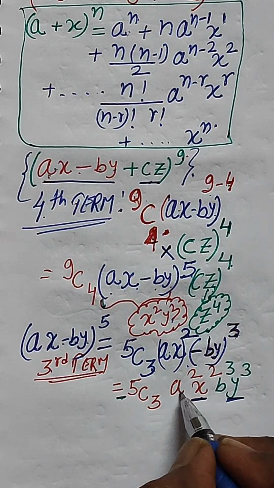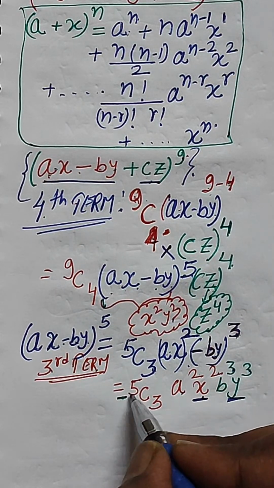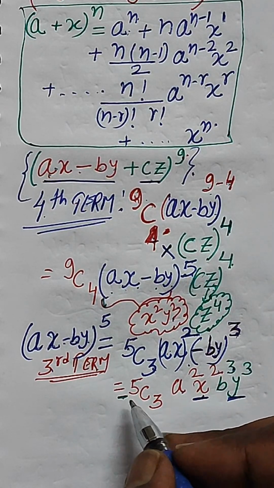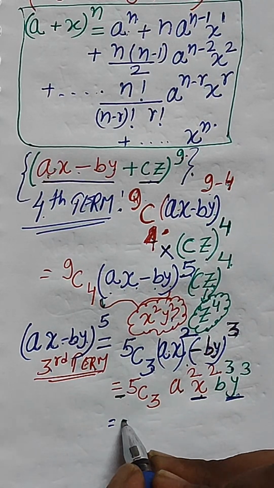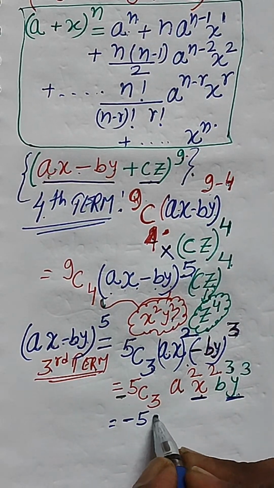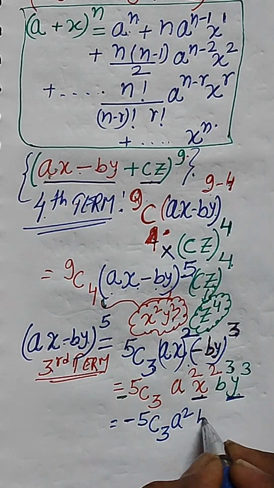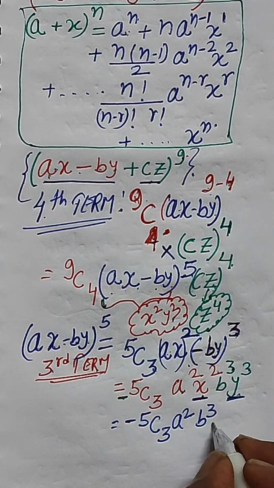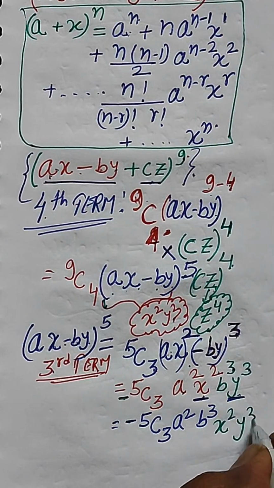Though extra terms are there, a square and b cube, the variable is x square y cube and the coefficient is 5c3 minus. After this, the remaining term we can write as minus 5c3 a square b cube times x square y cube.